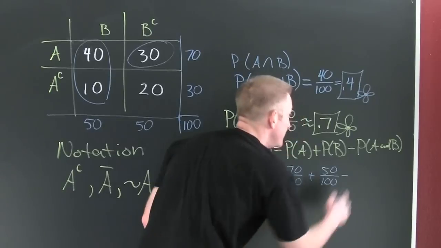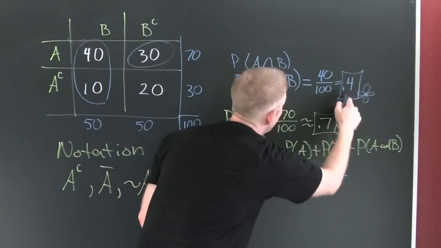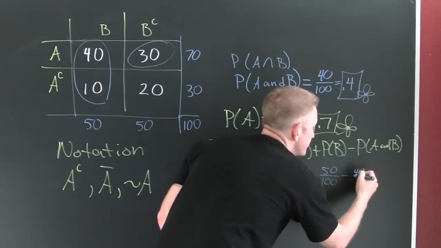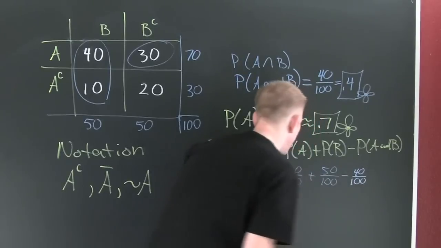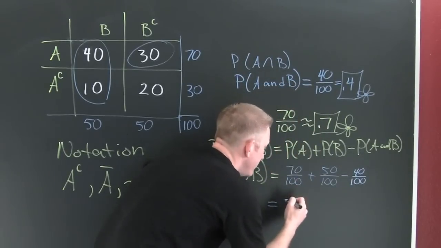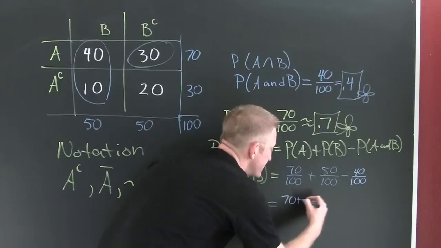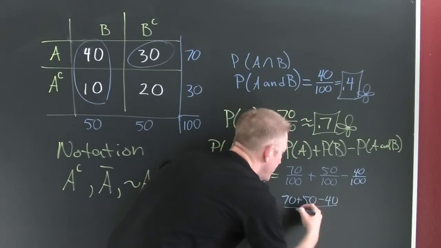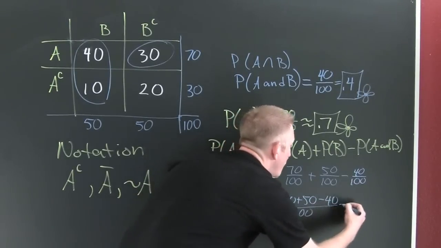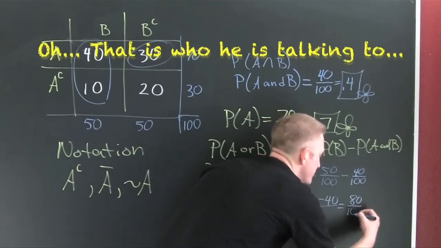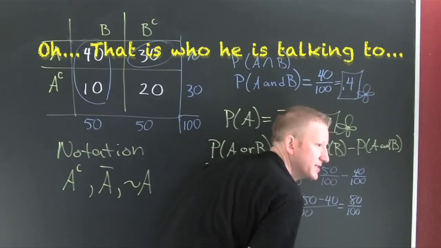The probability that they both happen is 0.4, or 40 hundredths. So then we have 70 plus 50 minus 40, all over 100. That's 80 hundredths, just as we suspected.